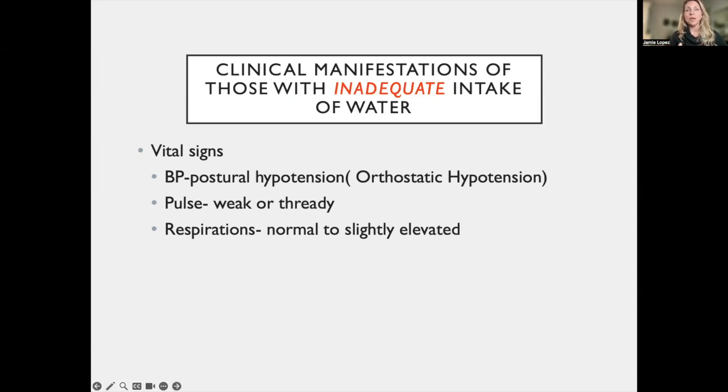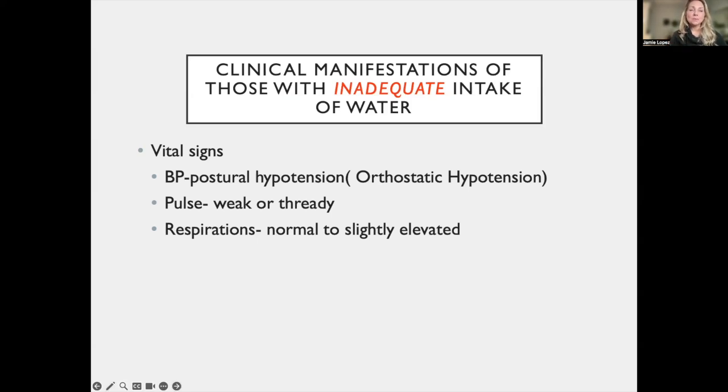Their pulse will be weak and thready. If you've already done the vital signs lab, you felt everyone's pulse in class, and it's nice and strong and steady and regular. A thready, weak pulse, you'll know it when you feel it, but it feels like little butterfly wings inside their radial artery.